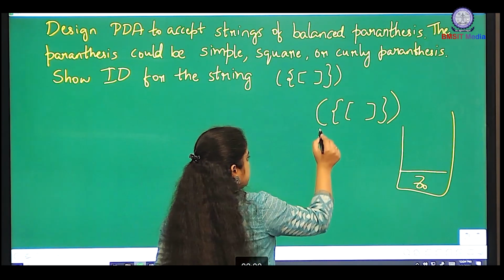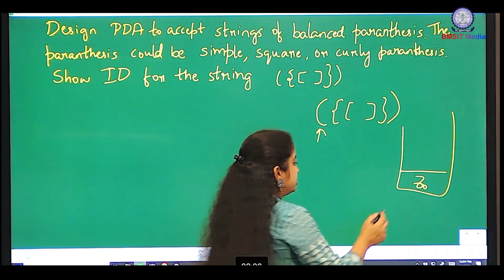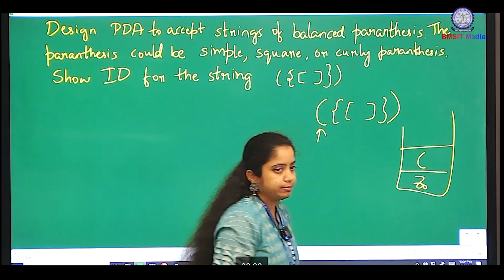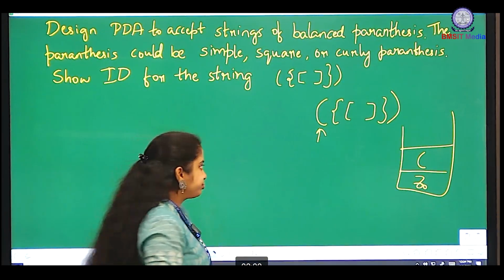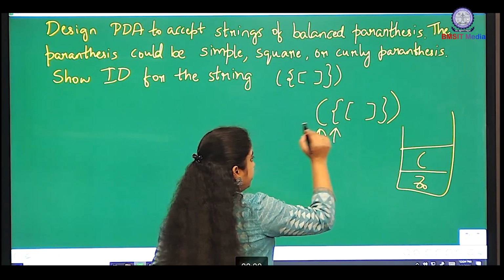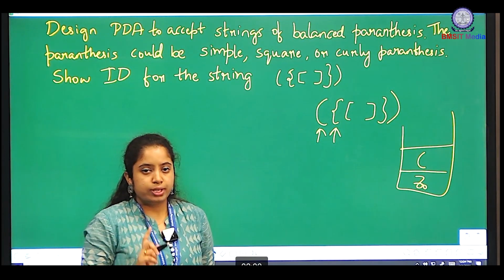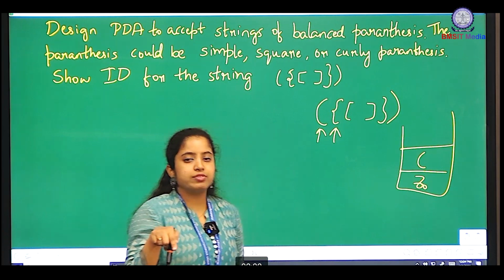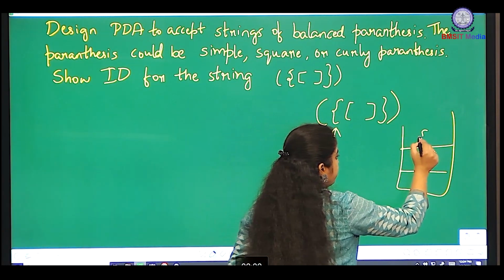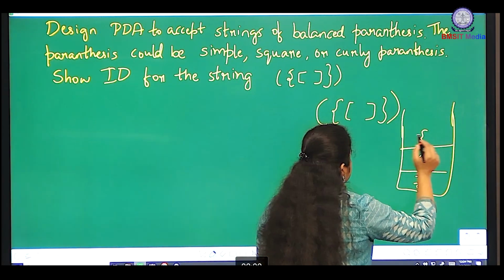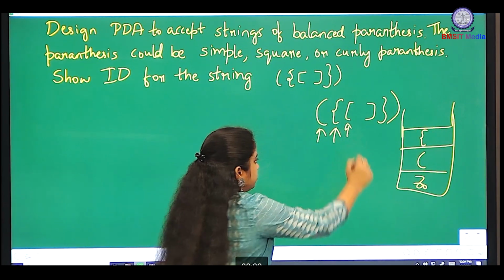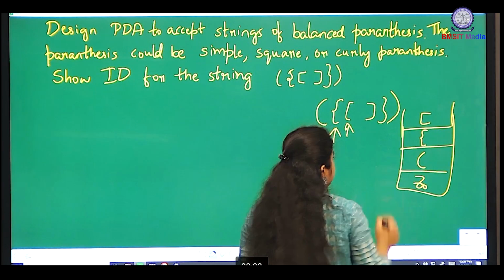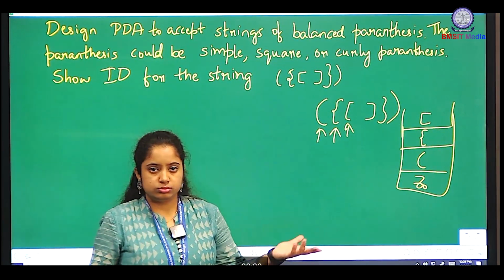So you are reading a simple parenthesis and Z0 is in the stack. What do you do? You just push it onto the stack. And again you have an opening curly brace, and the stack is having a simple parenthesis, you simply push it onto the stack. Square braces, you simply push it onto the stack, because for opening symbols you need not worry.